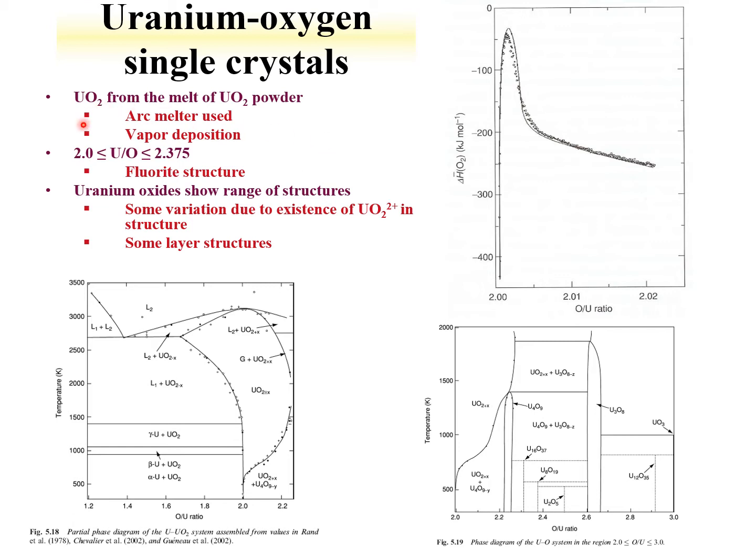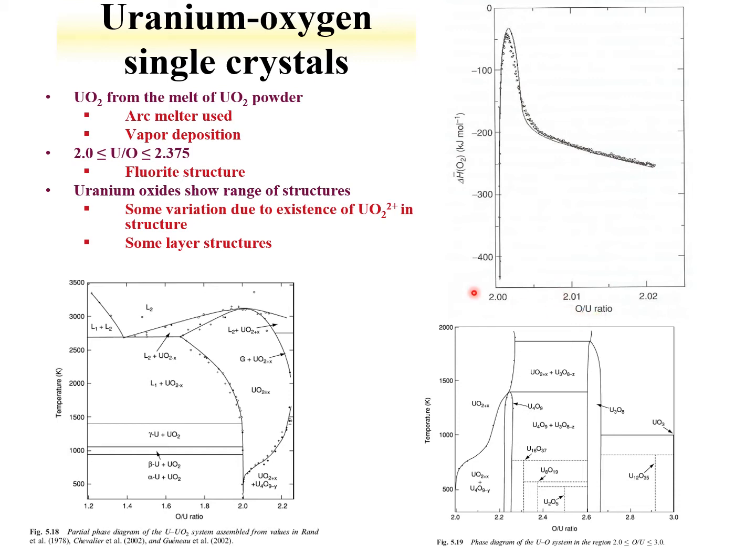One of the things that comes out of this is that there's a way to tune the oxygen to uranium ratio. As we see here, we have UO2+x or UO2-x. So for nuclear fuels, we can actually tune the ratio of oxygen to uranium.